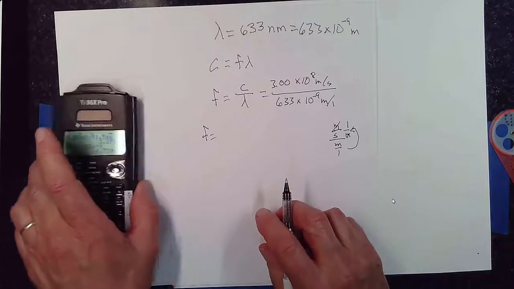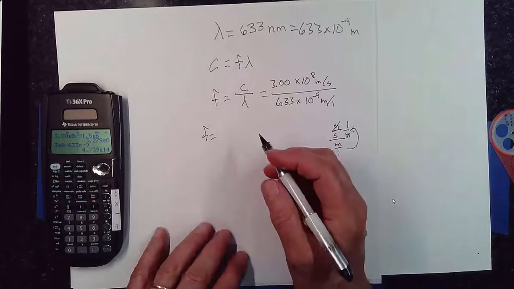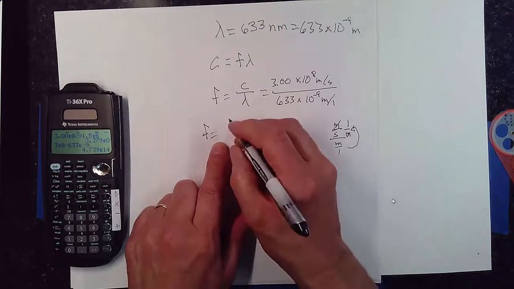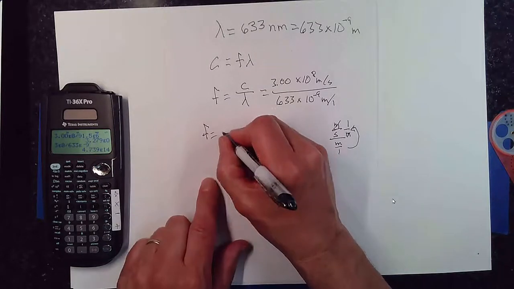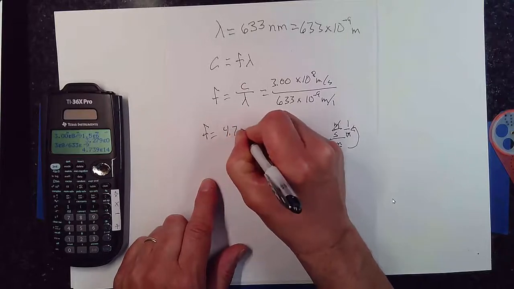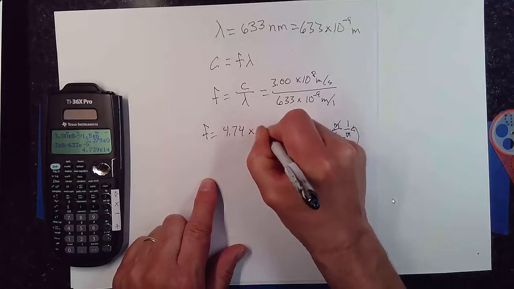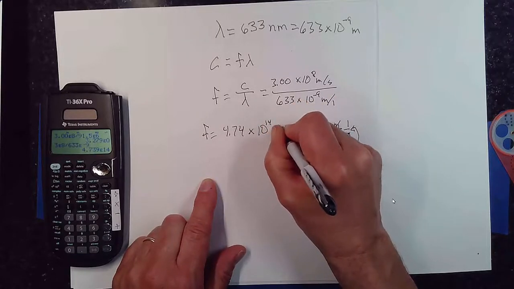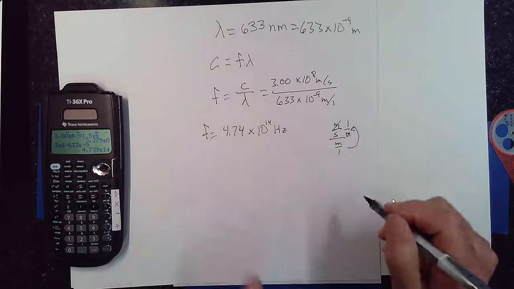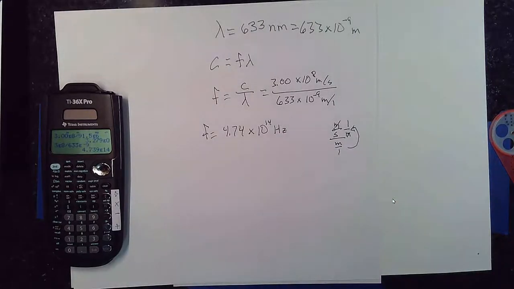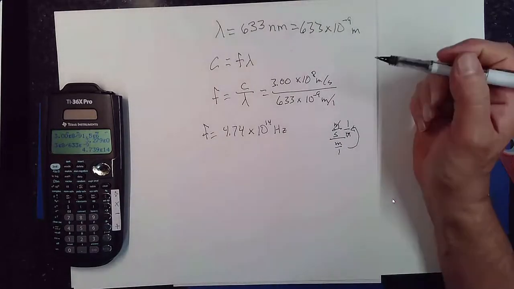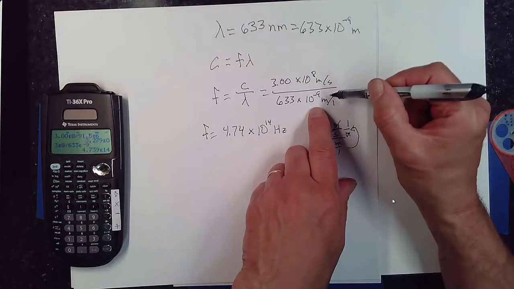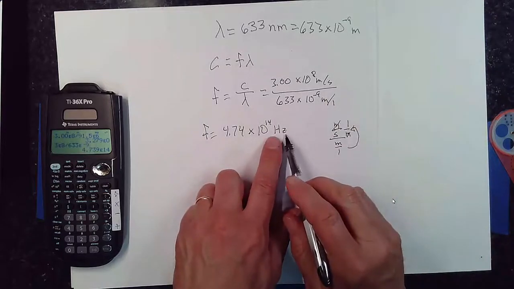By the way, I have some videos available on learning to use scientific notation on your calculator, things you may want to refer to. And I get about 4.74 times 10 to the 14th hertz, or cycles per second. And so as long as I have my speed for light in meters per second and my wavelength in meters, I'll get my frequency in hertz.